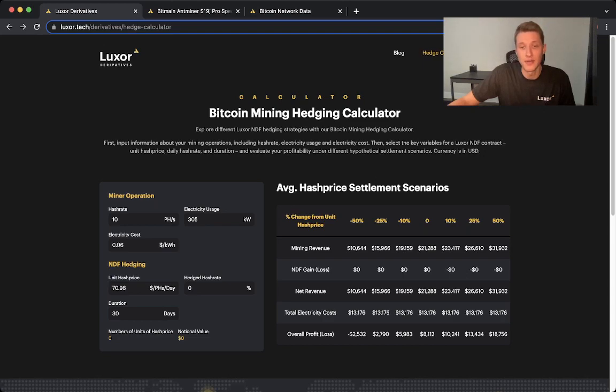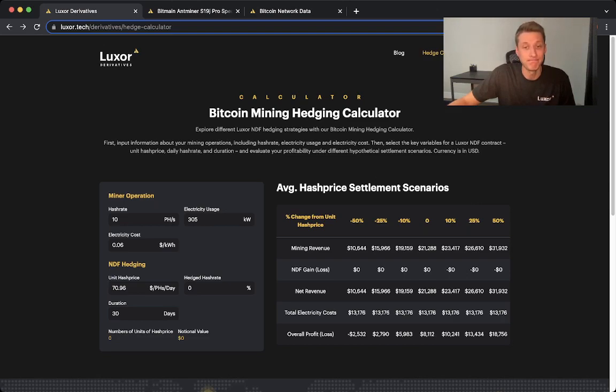The middle scenario, which has 0 percentage change from unit hash price, assumes that for the entire 30-day contract, you are hashing at a unit hash price of $70.96. And that's ultimately the income that you are deriving. So in a scenario where that is unchanged, 100 S19 Pros at 100 terahashes per unit would mine $21,288 in revenue.